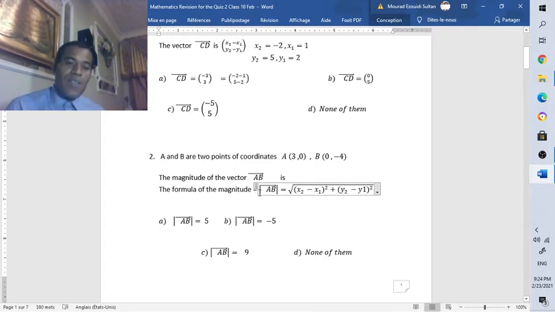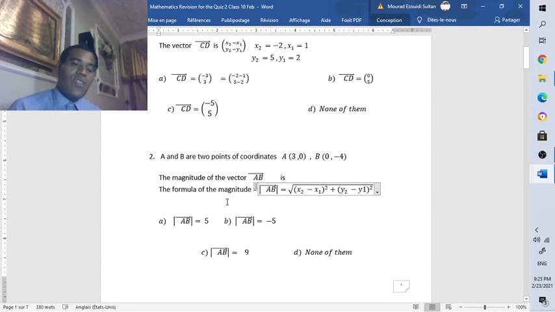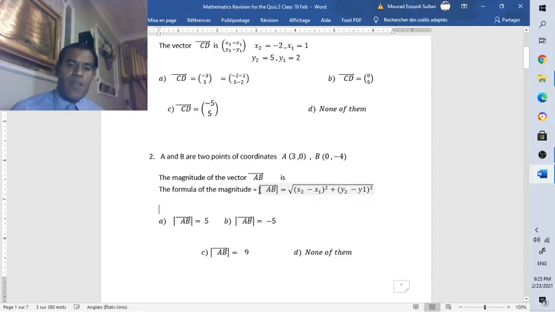In this question, the teacher may give you multiple choice, and of course you will apply this, or calculate mentally the difference between x2 and x1 and y2 and y1. This is the formula of the magnitude.